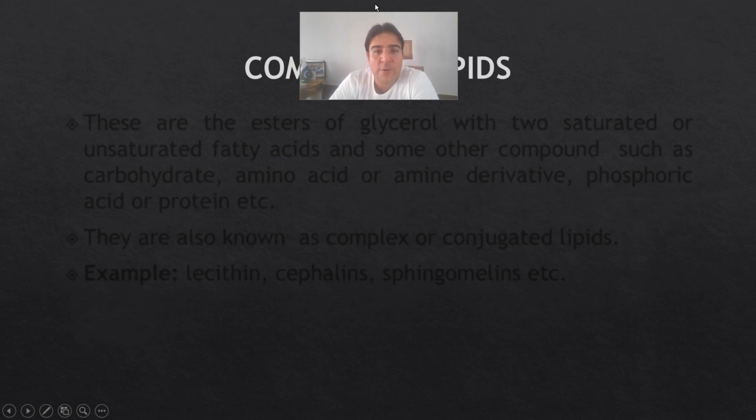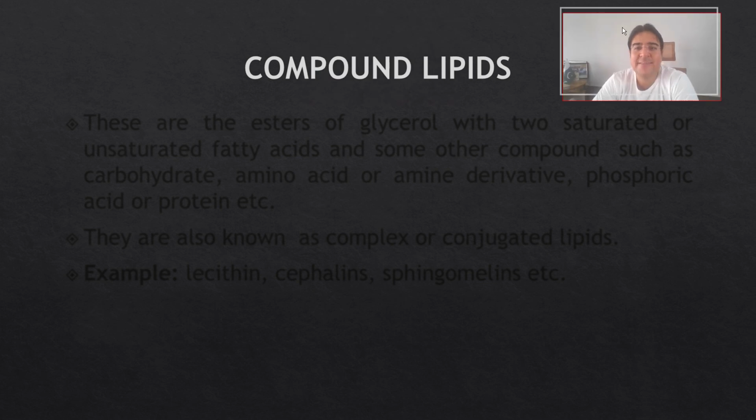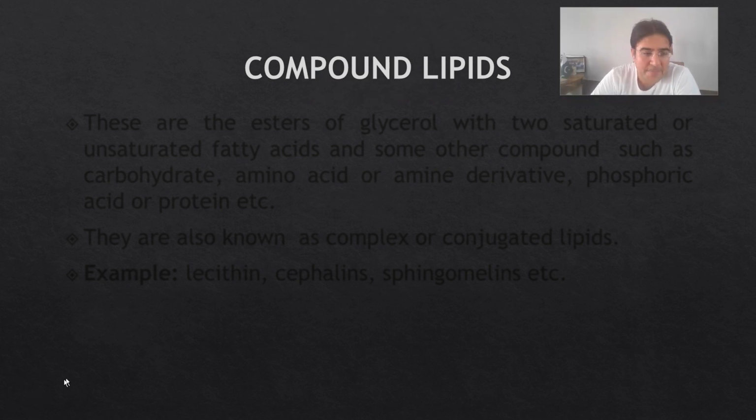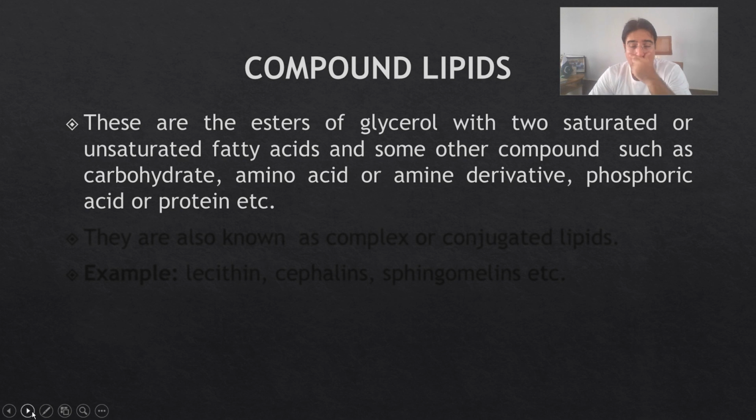And now we see what are compound lipids. Now compound lipids are basically a mixture. They are also esters of glycerol with two saturated or two unsaturated fatty acids, okay. But they also contain carbohydrate, like conjugate proteins.